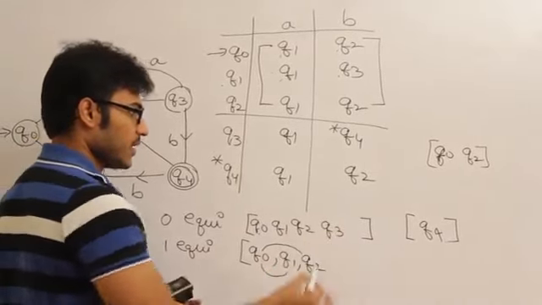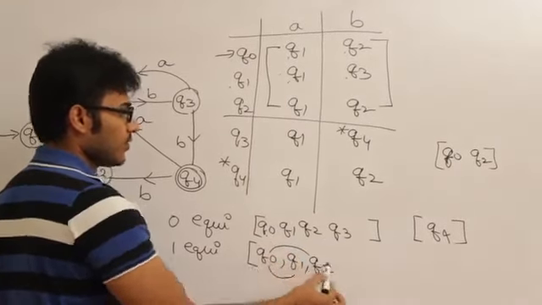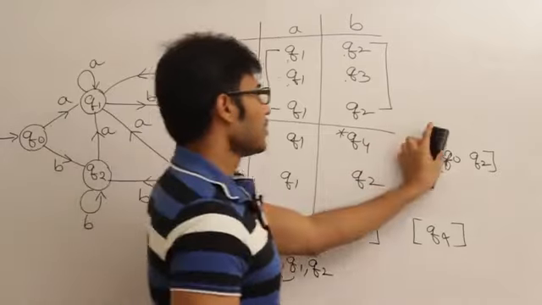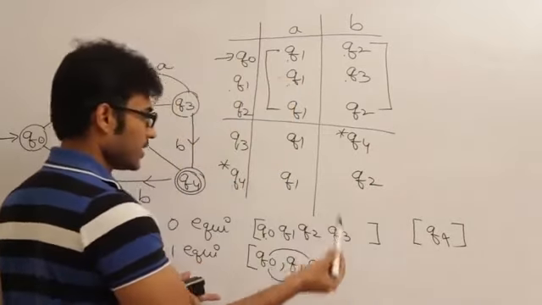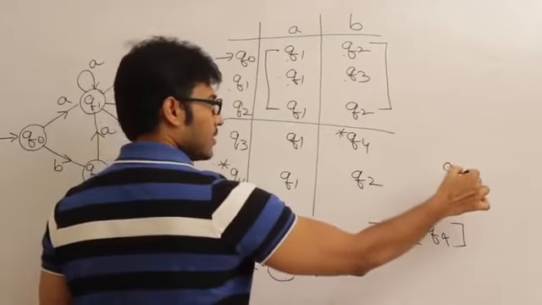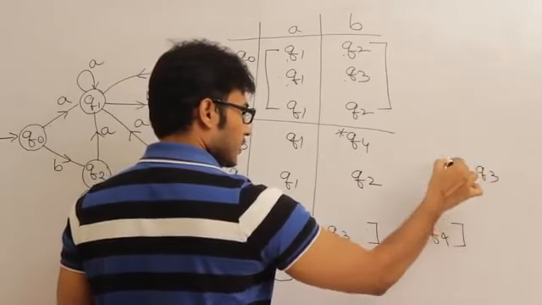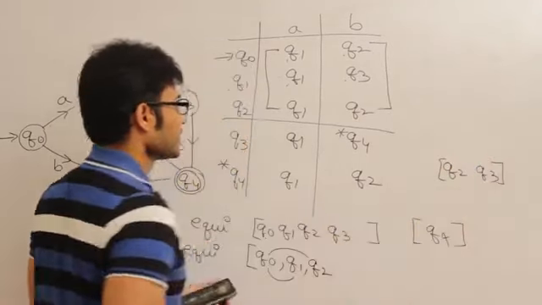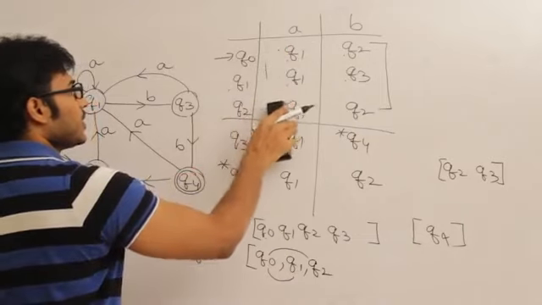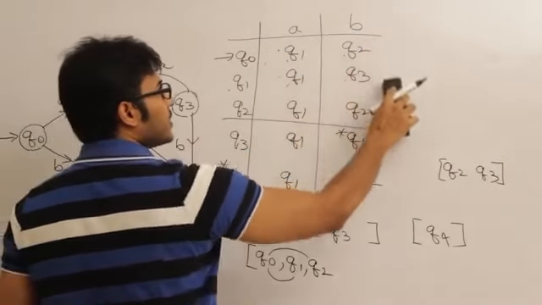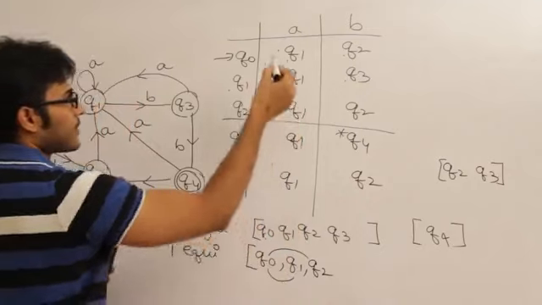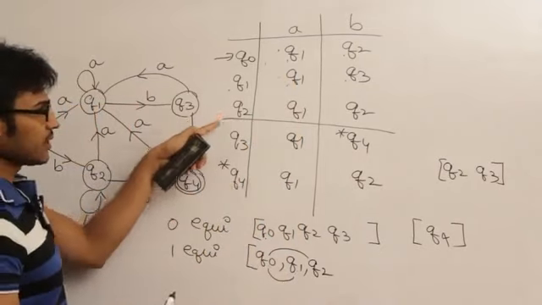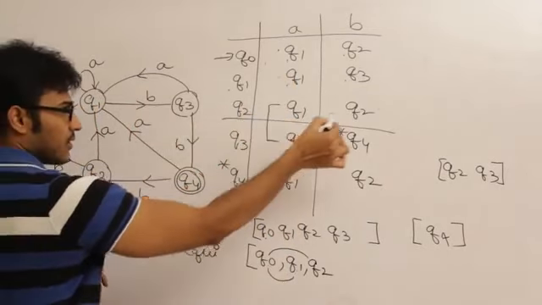Now we have to check if Q3 is equivalent with any of these three. You can take any one and check it. Let me take Q2 and Q3 and check for the equivalence. Q2 is here and Q3 is here. Now see them.